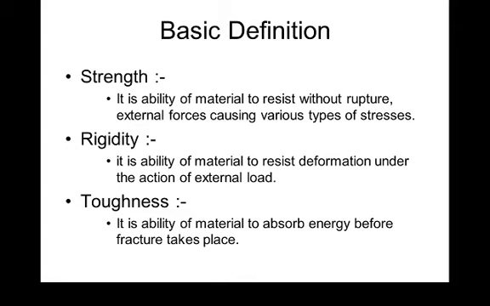The parameter is linked with the modulus of elasticity. There are two strengths, the yield strength and the ultimate strength. For ductile material we consider yield strength, and for brittle material we consider the ultimate strength, because for brittle material the demarcation line between yield strength and ultimate strength is not available.